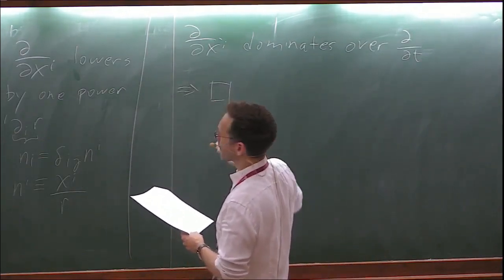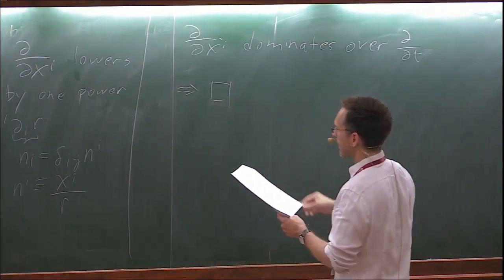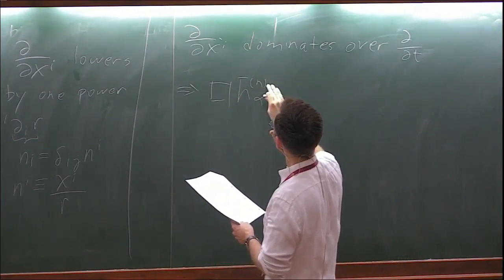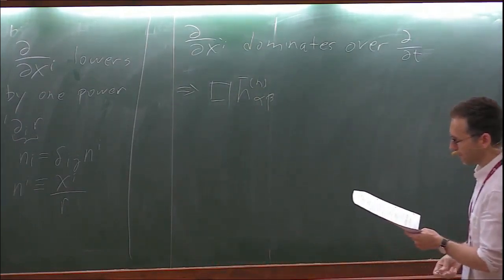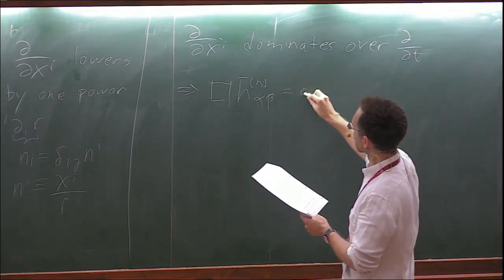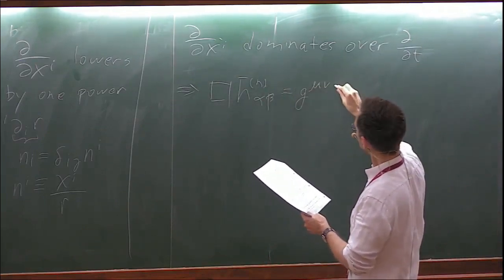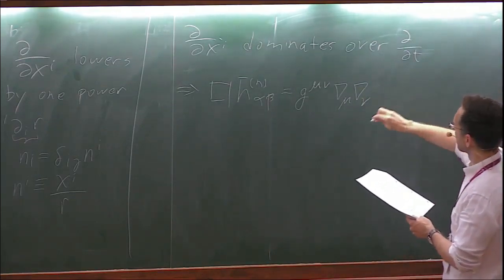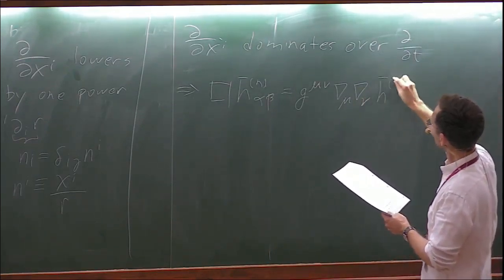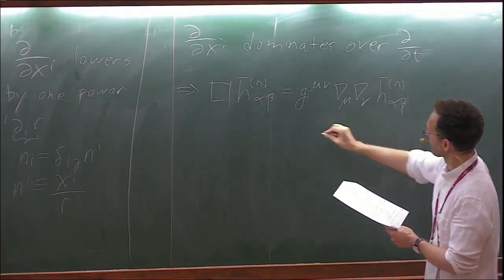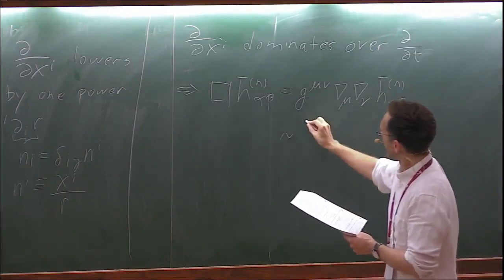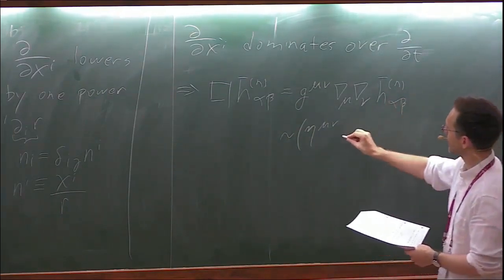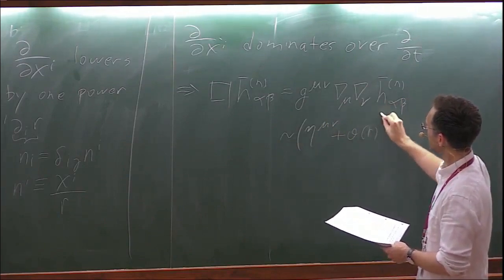So let's say we're looking at the box operator acting on h bar n. So this could be h bar 1, h bar 2. This is the background metric contracted into two derivatives of h bar n. And then we can think, okay, this background metric is approximately Minkowski plus order r terms.